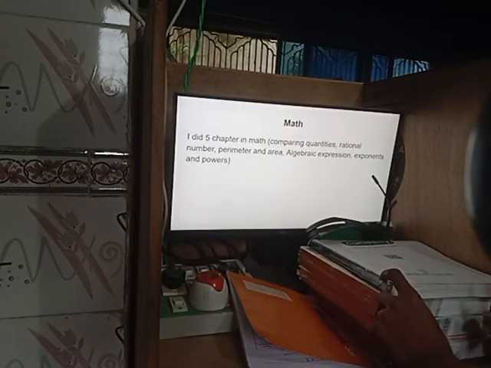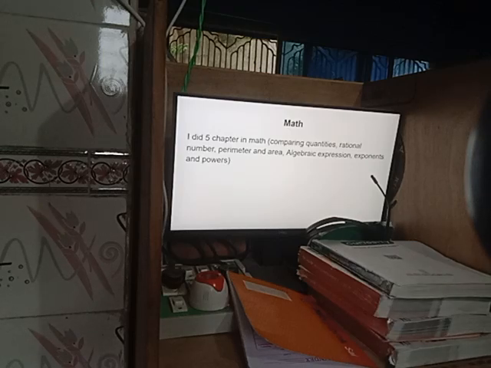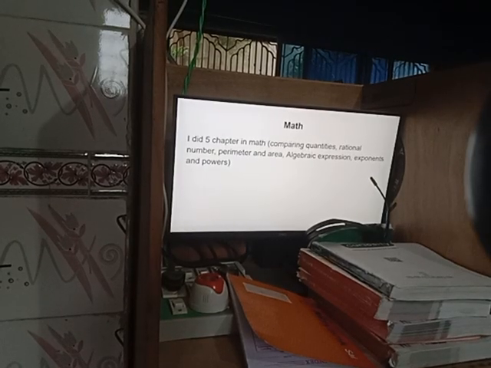Now our last part is solving numericals of math. So we are going to solve. I take one question from each chapter. Like, the first chapter is comparing quantities.